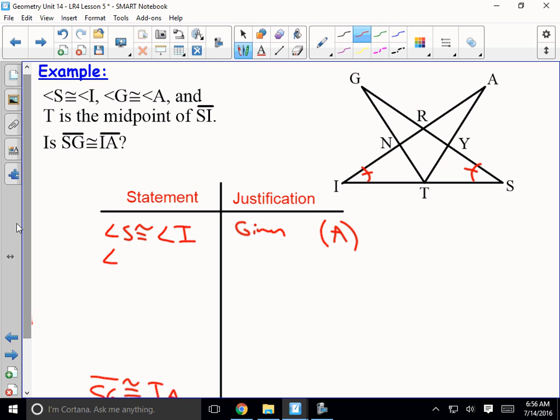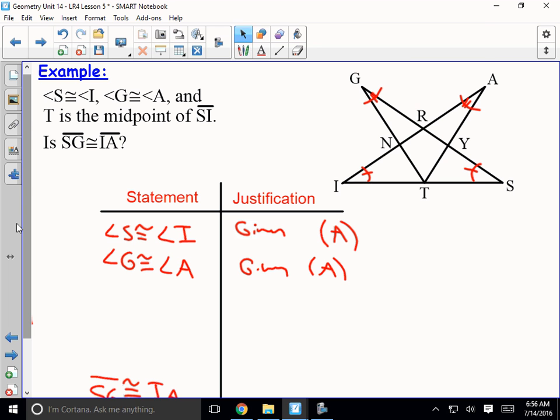We're told that angle G is congruent to angle A. That's given, and that's another pair of angles. So we can see the two triangles that we're working with here.